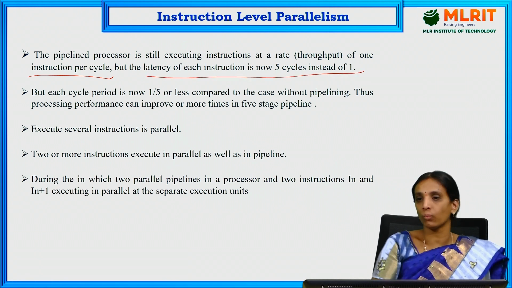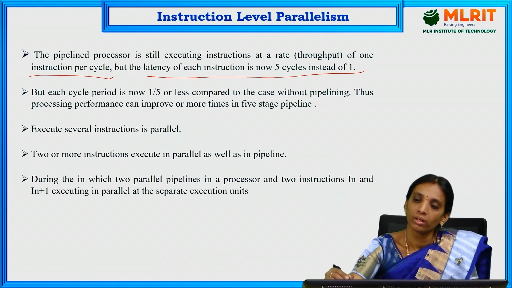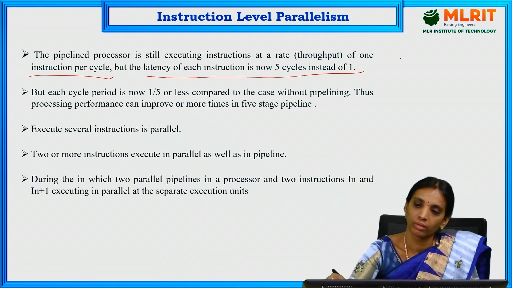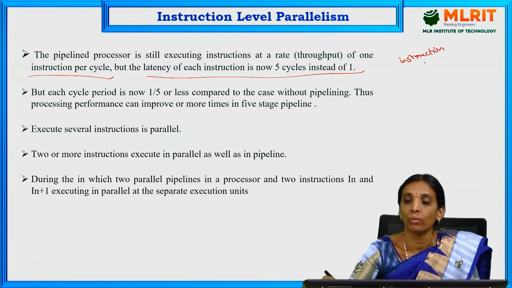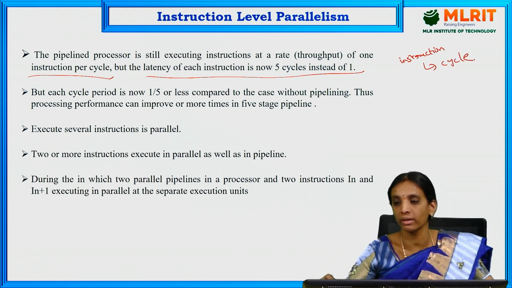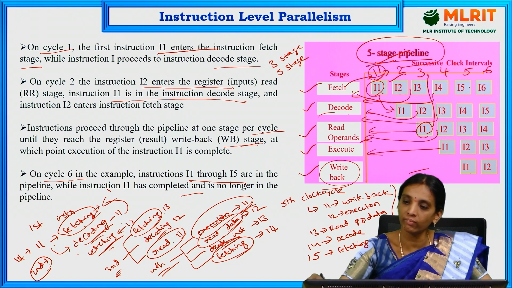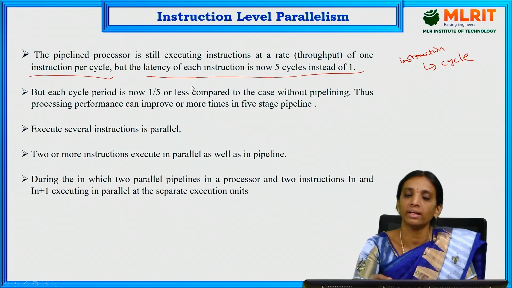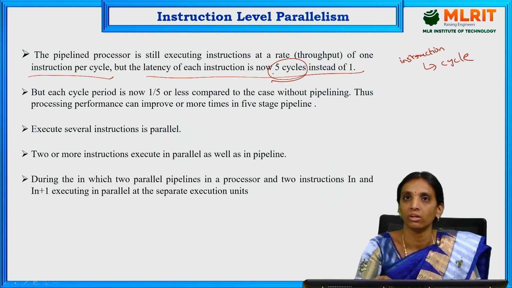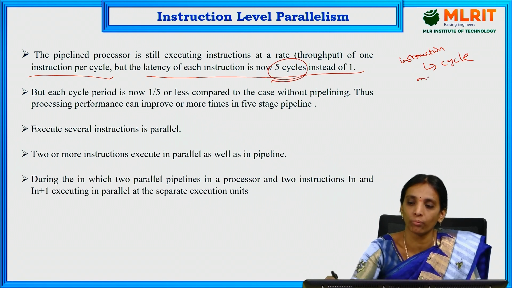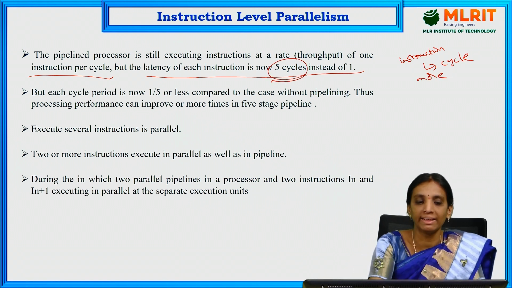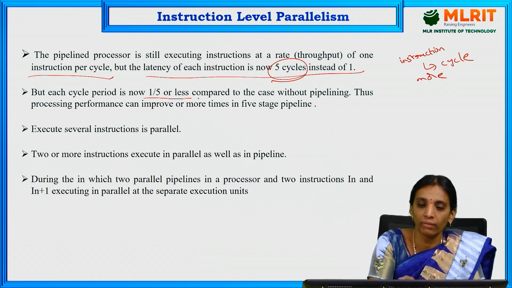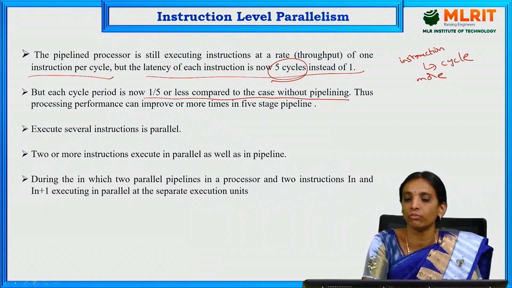So what are the disadvantages of this? We cannot say that one instruction can be executed in one clock cycle. For completion of one instruction, it will take 5 clock cycles, so the latency will be 5 cycles. Therefore the latency is more. But each cycle period is 1/5 or less compared to the case without pipelining.